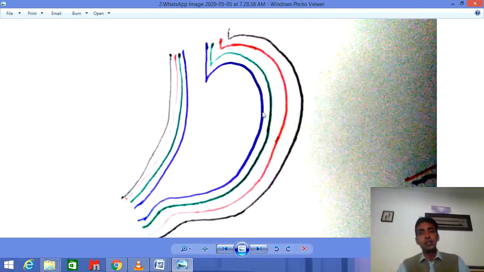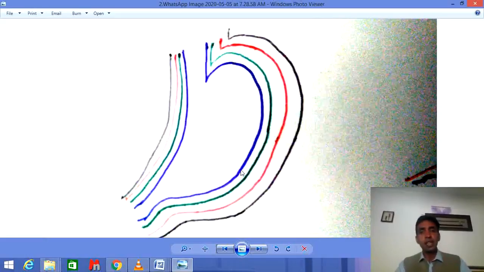The next one is called mucosa. This is the most important layer of the stomach, and it is the innermost layer of the stomach. It is made up of three further layers, but we will learn about that in the next lecture.